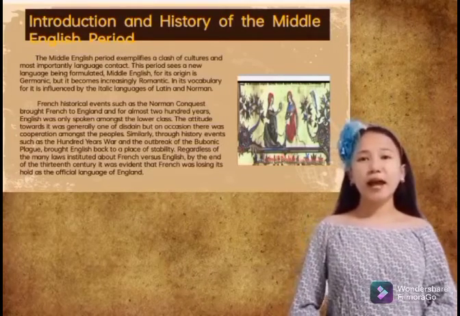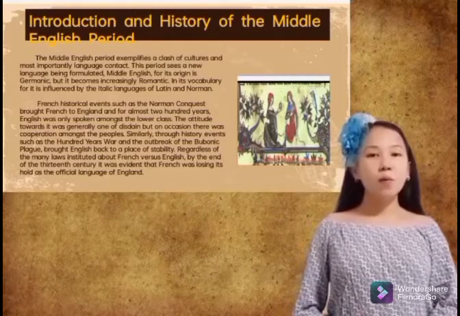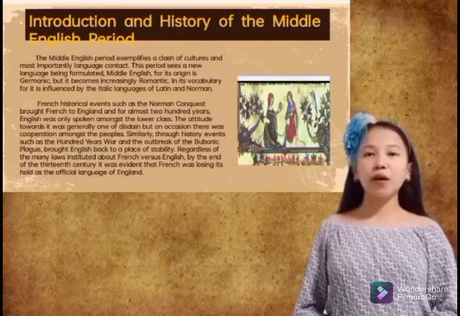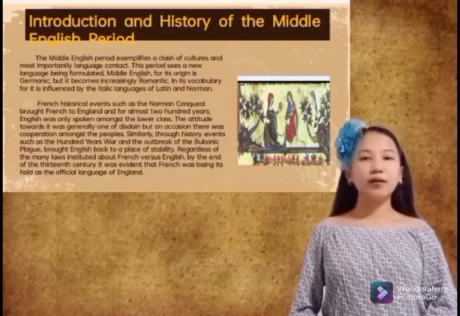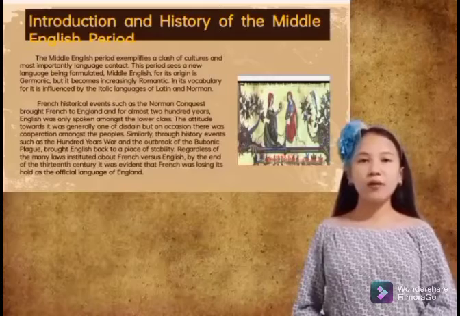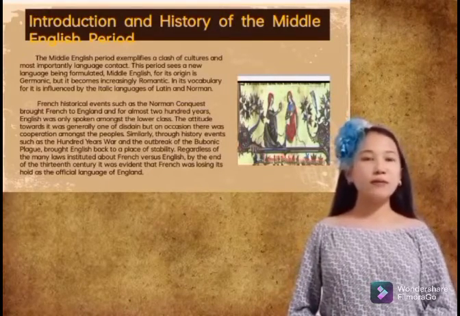The beginning and ending dates of the Middle English period, though somewhat arbitrary, are two points in time when ongoing language changes became particularly noticeable: grammatical change about 1100 and pronunciation change about 1500.